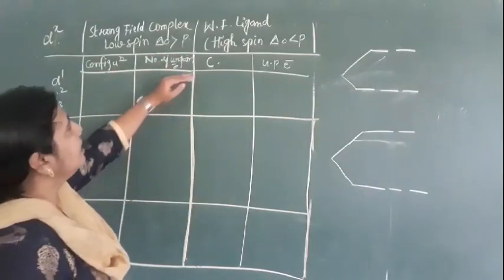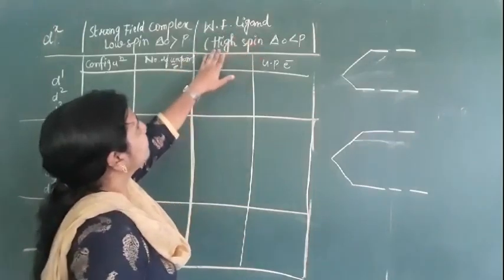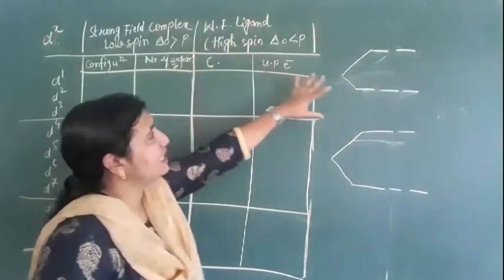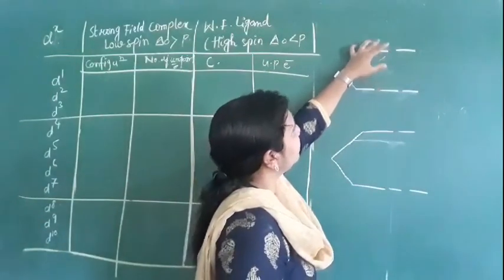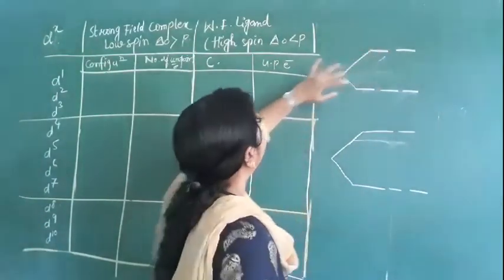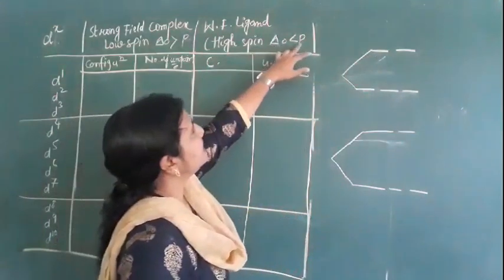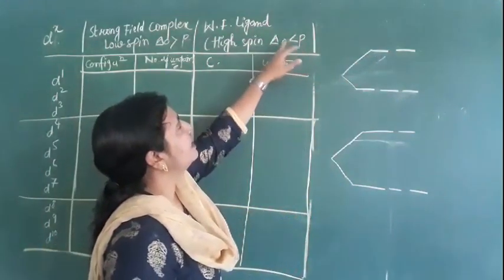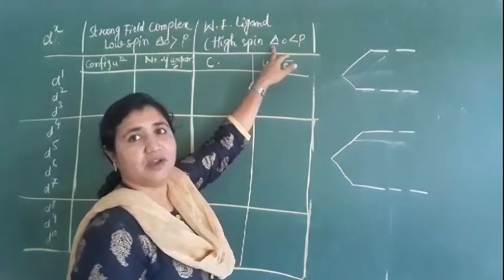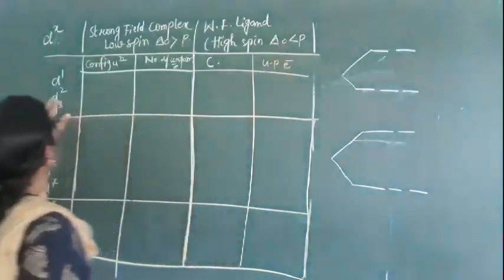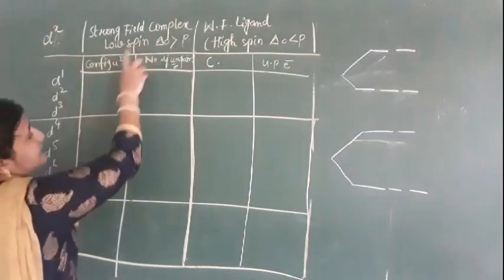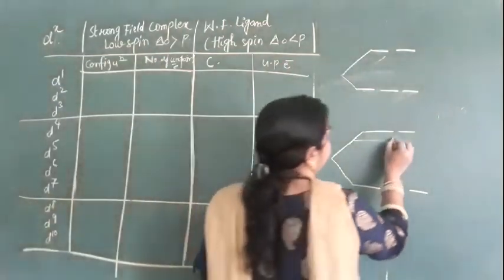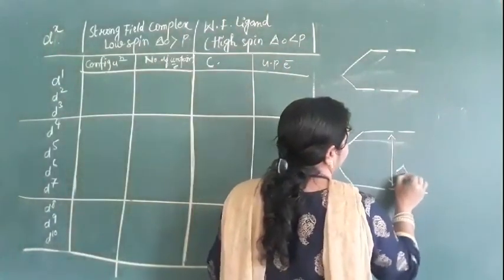And in weak field ligand, it is high spin, and the fourth electron enters into the EG set here. Okay, because here the pairing energy is larger than the splitting energy. So how will we write it? First it is for D1. For strong field, the energy gap is more.